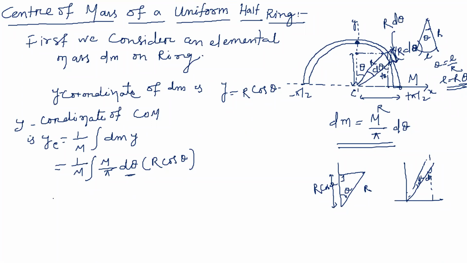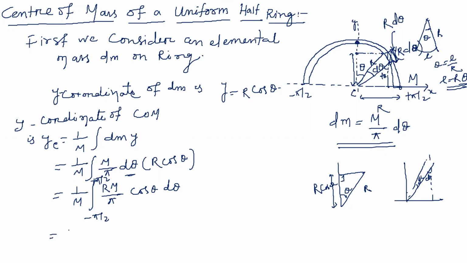So we can write here again 1 by m. Cancel, students. So once again, r m by pi integration cos theta d theta, and the limit is minus pi by 2 to plus pi by 2.